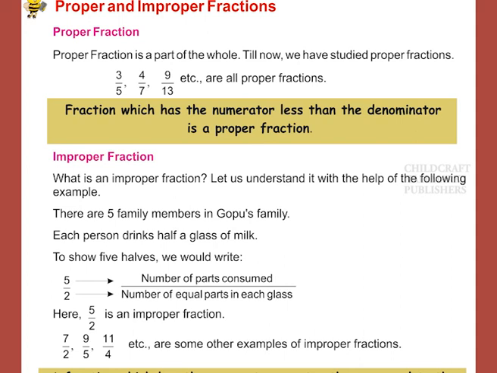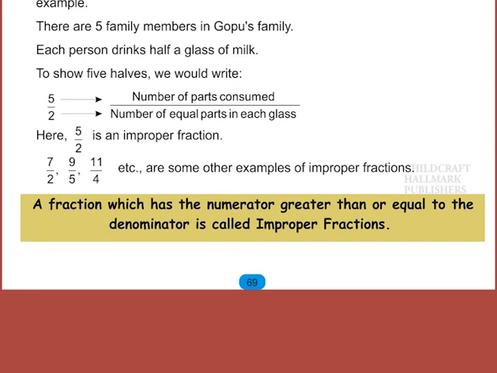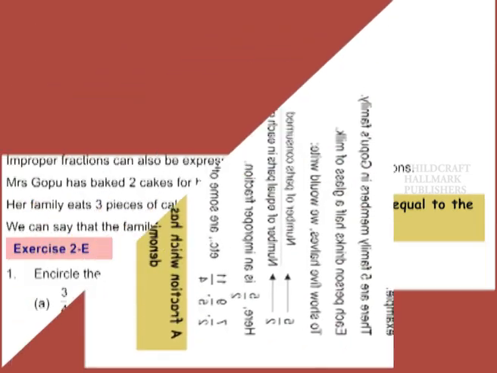Here, 5/2 is an improper fraction. 7/2, 9/5, 11/4, etc. are some other examples of improper fractions. A fraction which has the numerator greater than or equal to the denominator is called an improper fraction.